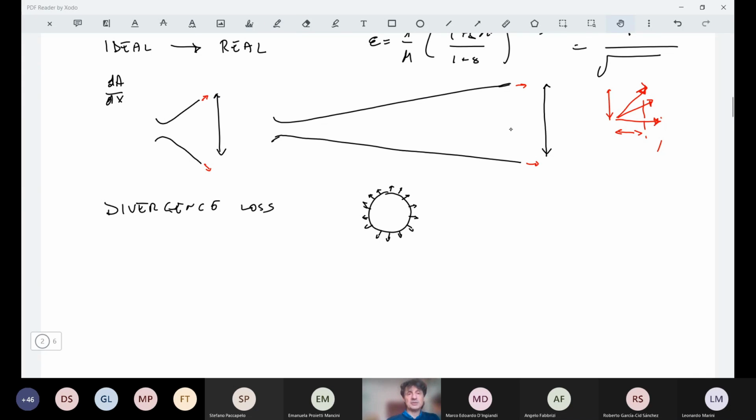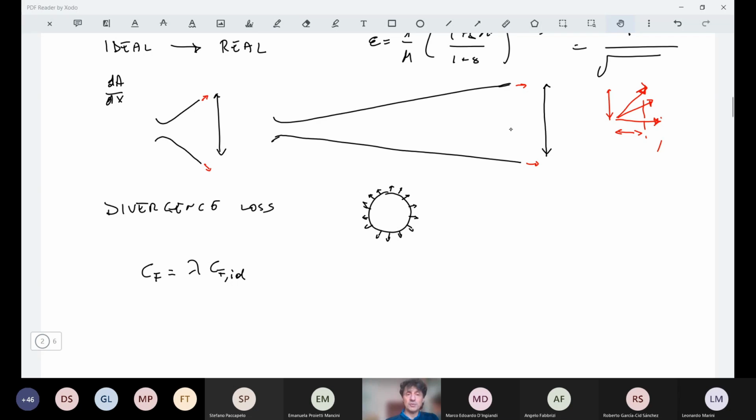So to take this into account, we correct our one-dimensional expressions. In particular, here we say that our thrust coefficient will be this lambda times the ideal value. And this lambda is just a correction of the thrust coefficient to take into account divergence losses.